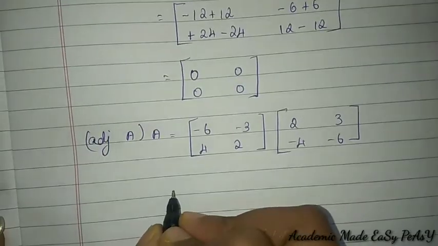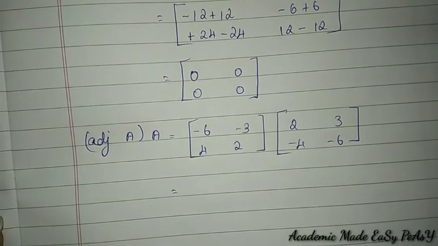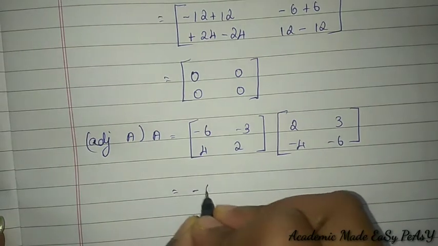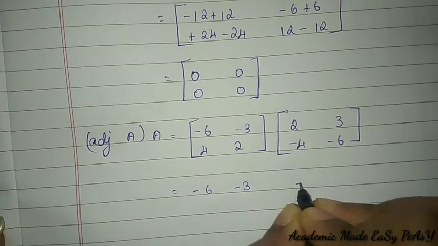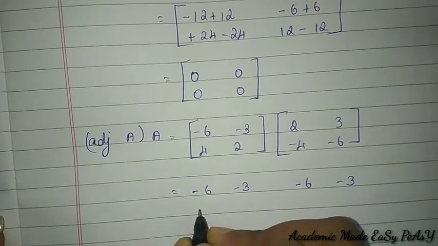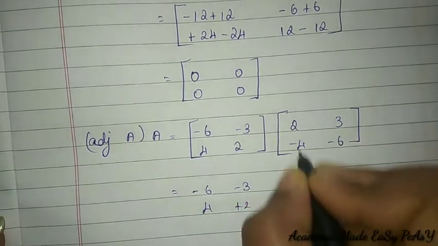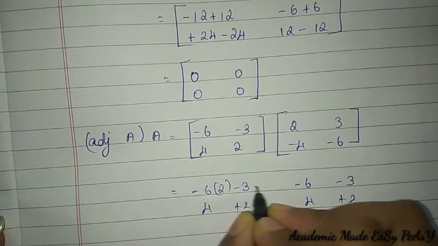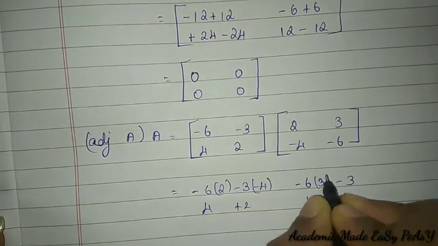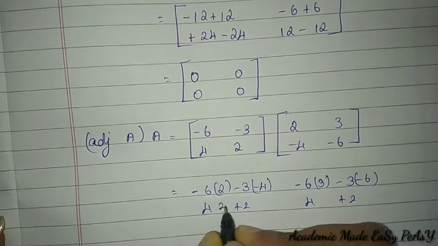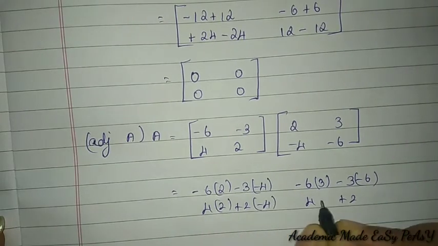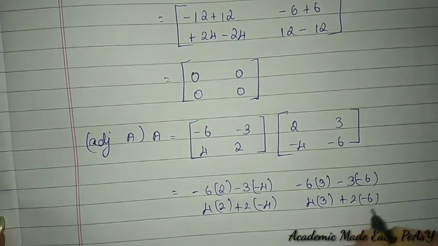This will also be of the order 2 by 2 only. So I take minus 6, minus 3, minus 6, minus 3, and 4 2, 4 2. I will be multiplying with this: 2 minus 4, 3 minus 6, and again 2 minus 4, 3 minus 6.